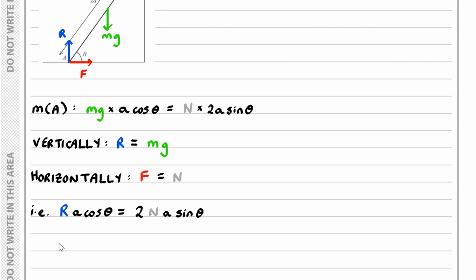And if we solve for N, N is equal to R multiplied by a cos theta, and then we will divide this by 2a sine theta. So this is what N is equal to.